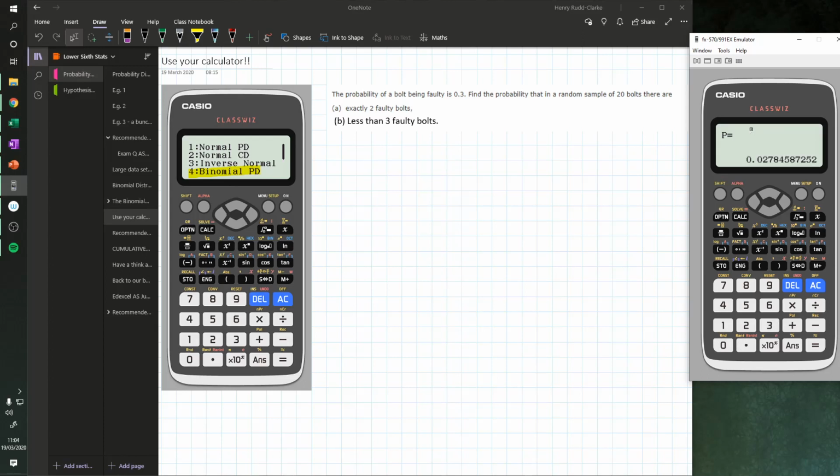Then we press equals, and we have the answer. So question A, the probability that x equals 2 is 0.0278.